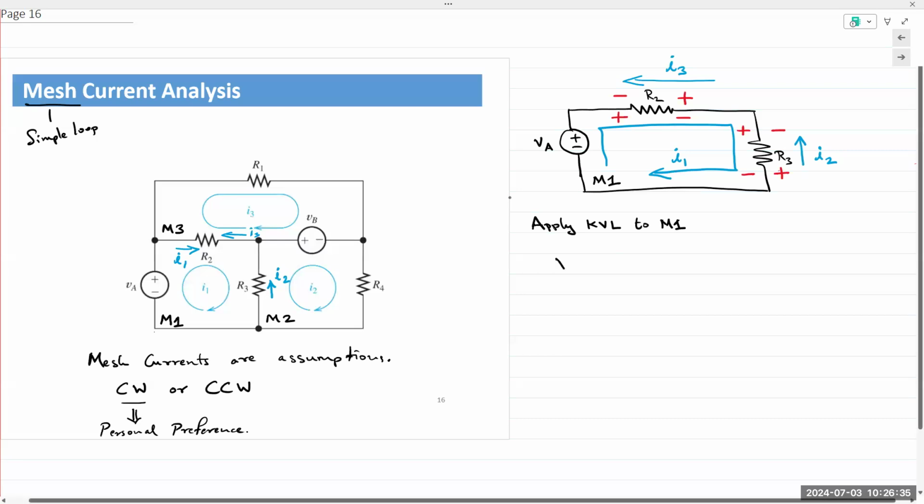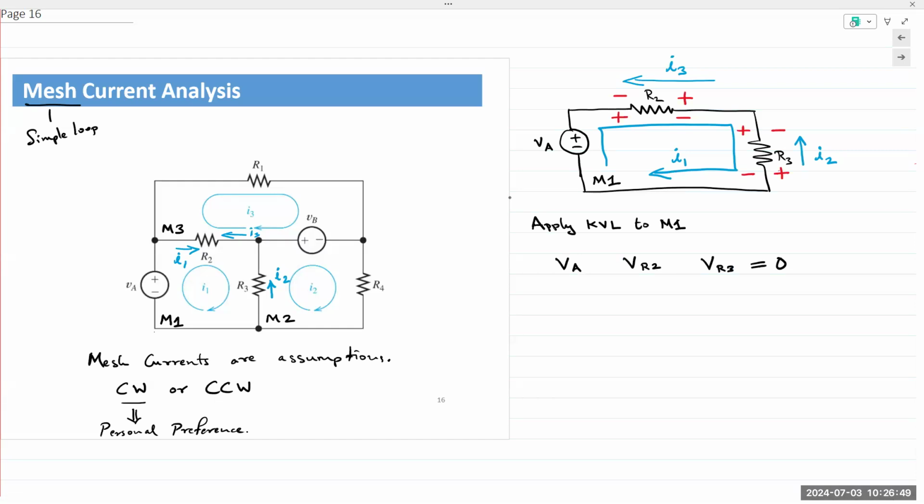If you apply KVL, what do we see? We have 3 voltages. We have VA, we have VR2, and we have VR3, summing up to 0. And since we are referencing M1, then we take the direction of the mesh current for I1, and we sum up the voltages in that direction. So I'm summing up the voltages in a clockwise direction.